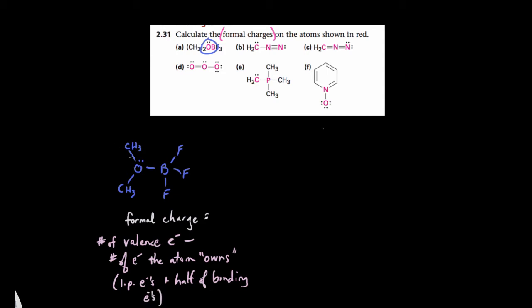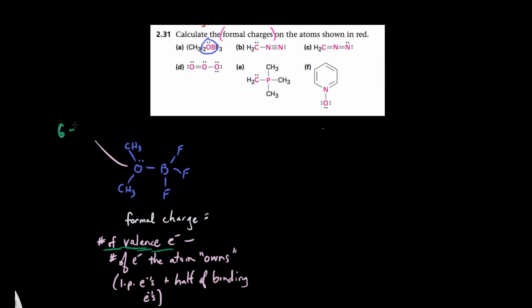Here, if you look at this oxygen in this molecule, the oxygen has 6 valence electrons. The number of valence electrons is defined by the periodic table, so for oxygen it's always 6.